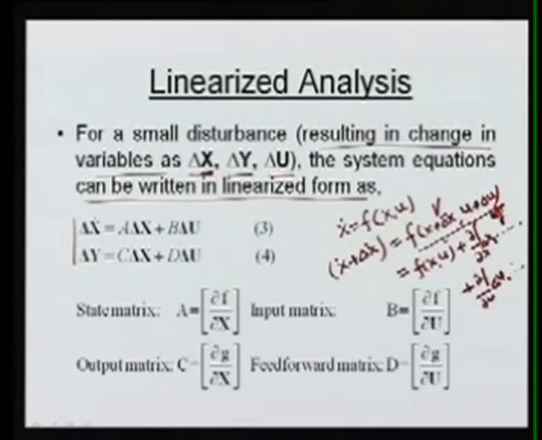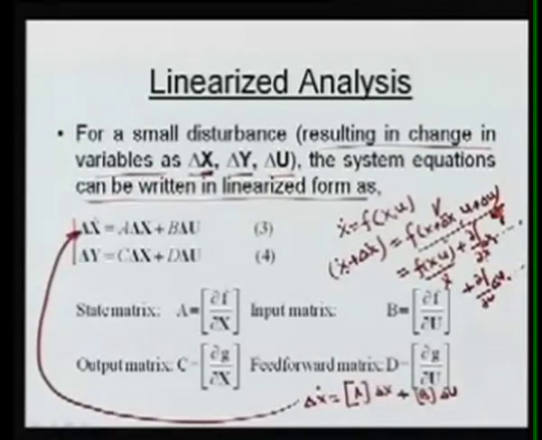What is this? This is x dot. So x dot will be cancelled, and finally we get the change in x dot equal to the differentiation factor, which I denote as A, times the change in x, plus another differentiation, B, times the change in u.